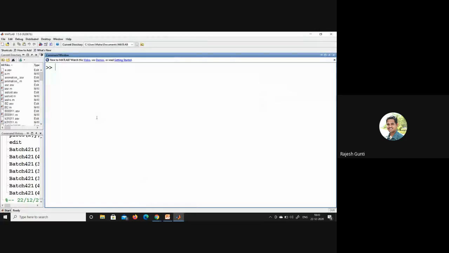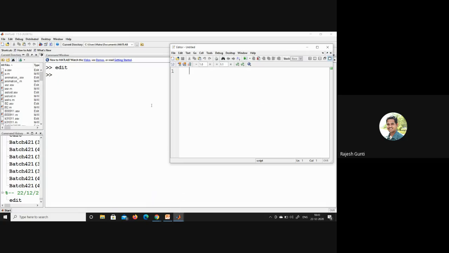First, we have to create one file in function format: function f is equal to any name, maybe B4 22. What are the input values? Only two values: the independent variable and the dependent variable.